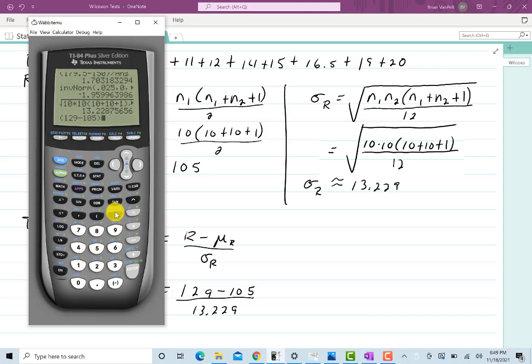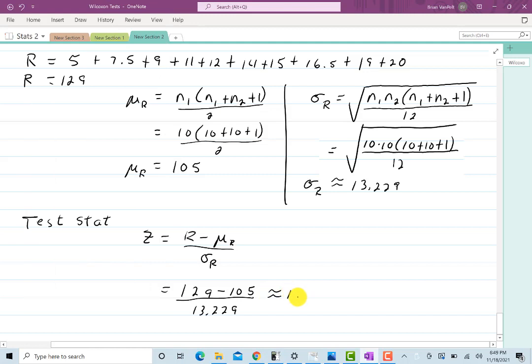Finish that off and divide by 13.229. I get about 1.81. You only need 2 decimal places for this, so approximately 1.81.